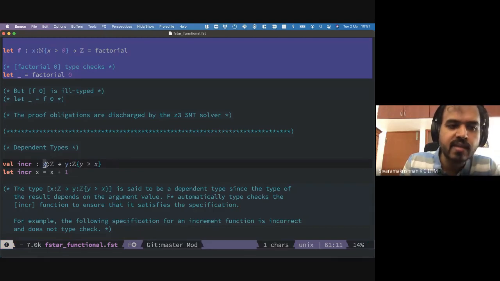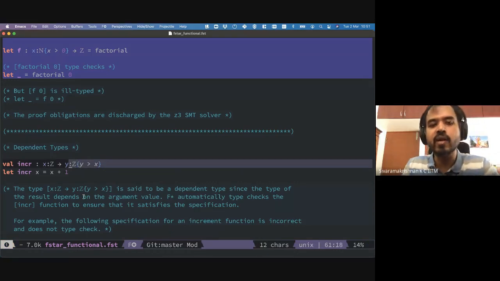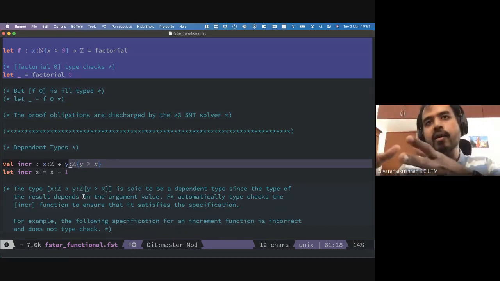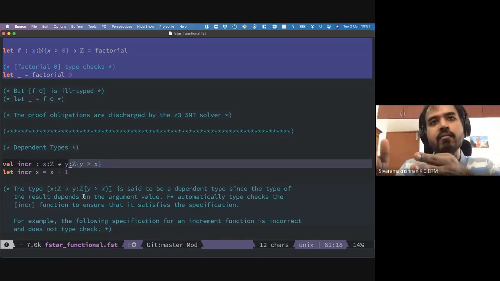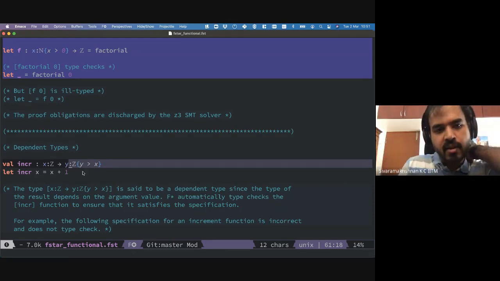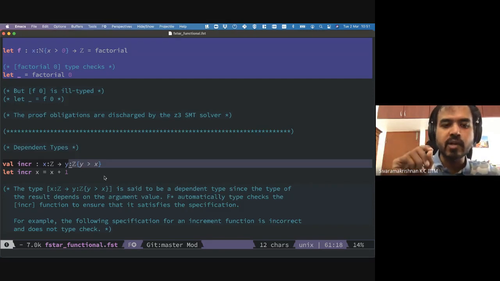So whatever x is, that value influences what this type is, and that is known as dependent types. We will use dependent types as well. We are saying the constraint on the output is based on the value of the actual input. The constraint for the output type is referring to the variables here. So that's the first thing that I wanted to express here.